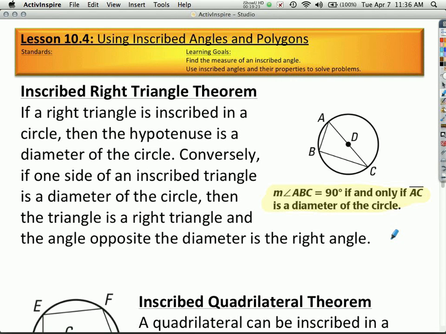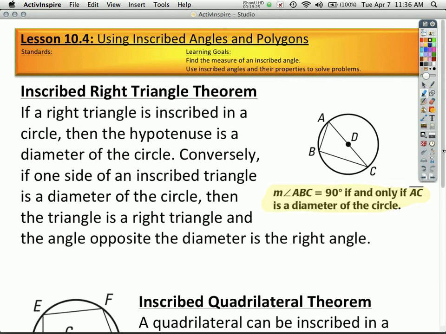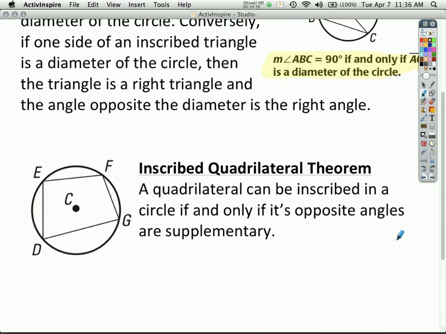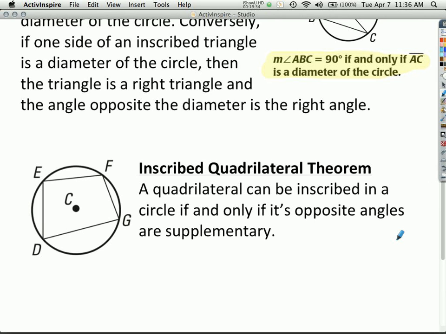And then lastly, the inscribed quadrilateral. If you have a quadrilateral inscribed inside a circle, its opposite angles will be supplementary. And this also is biconditional, meaning it works in reverse as well.